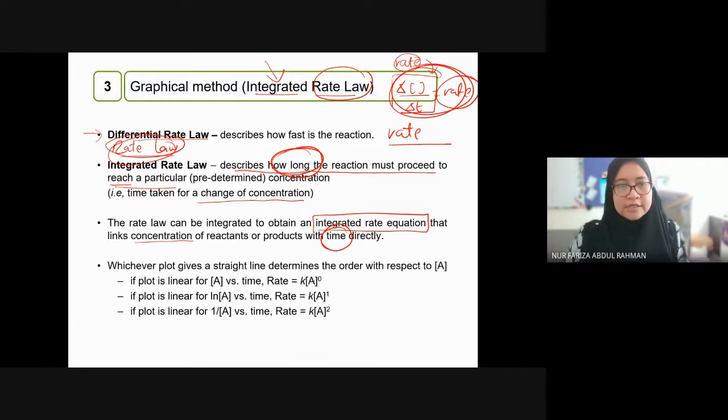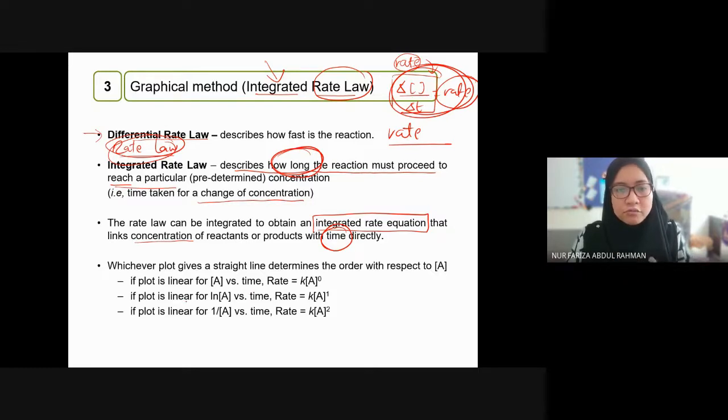Okay, so the fourth point we have here, let's put this one on hold. Let's KIV this one because, like what I've told you just now, you have to construct a graph, you have to plot a graph.